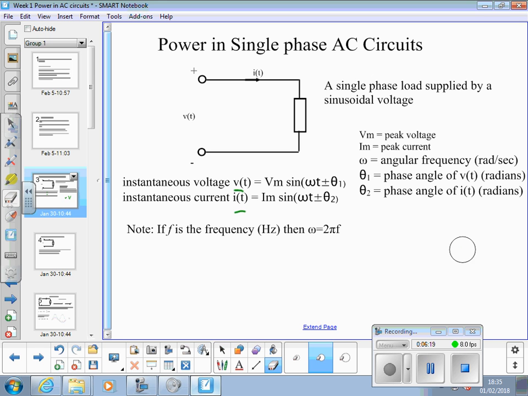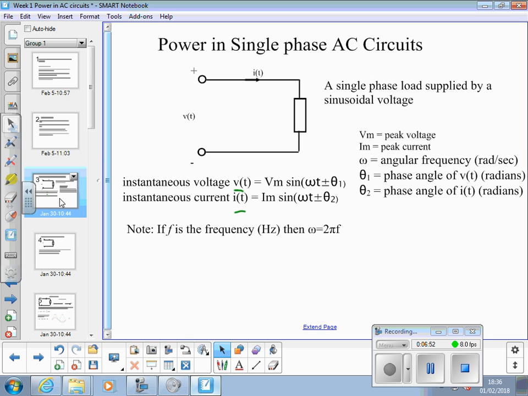Alright? Because a lowercase v at time t is the instantaneous value of that waveform at an instant in time in seconds. The form of that is Vm, so capital V, because we're talking about the peak voltage, the maximum voltage of that waveform, multiplied by the sine of omega t, so t is time in seconds, omega is the angular frequency in radians per second.